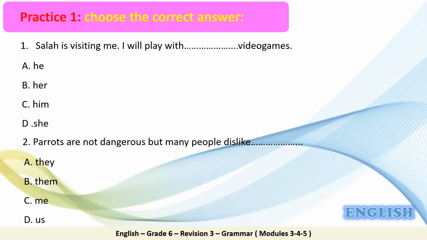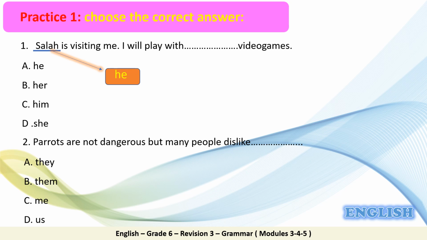Let's have a short practice. Practice number 1. Choose the correct answer. Sentence 1. Salah is visiting me. I will play with he, her, him, or she video games. Note here that Salah is the subject of the sentence, so the subject pronoun is he. Excellent.